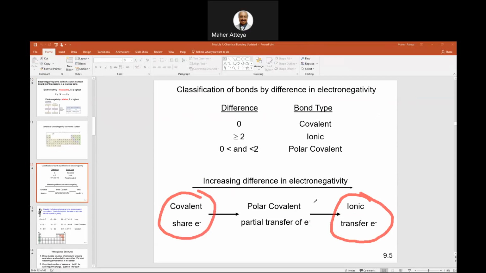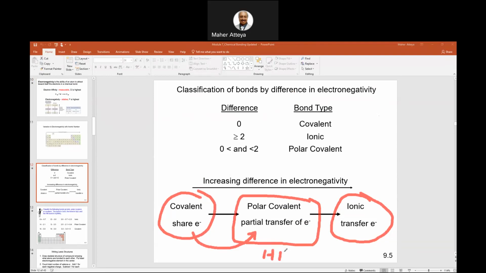And polar covalent compounds are covalent, but they share with a partial transfer of electrons. They don't transfer 100% because of strong electronegativity, such as HF here.